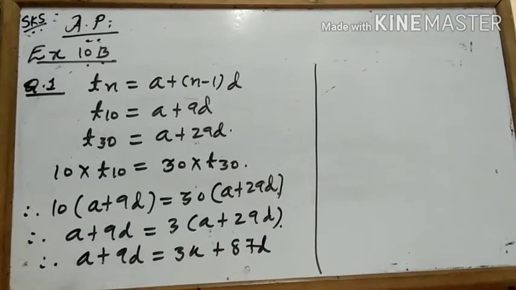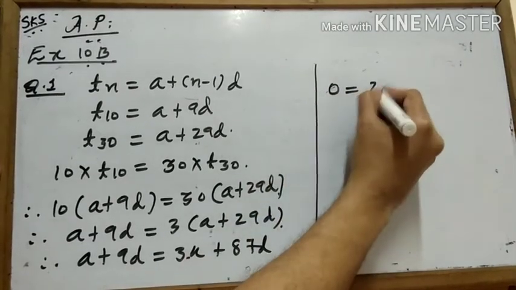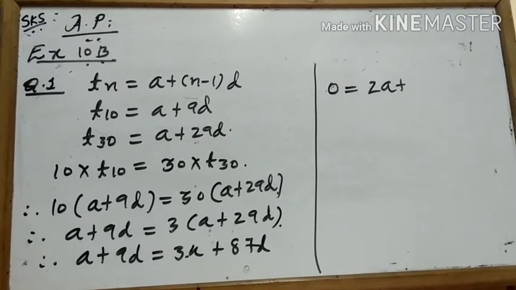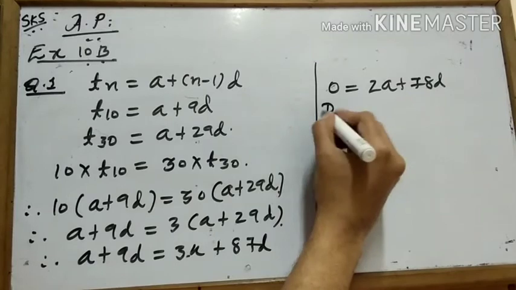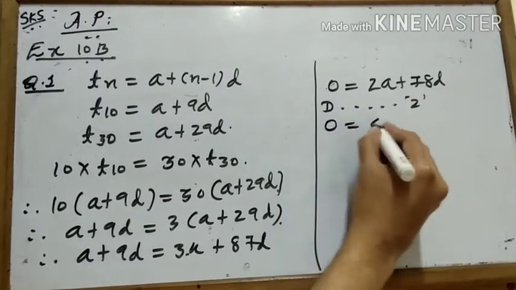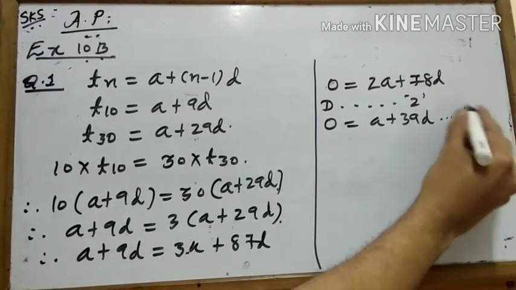Now if I take a on the other side, here it will be 0 is equal to 3a minus a is 2a, plus 87 minus 9 will be equal to 78d. I am dividing throughout by 2. What I get, 0 is equal to a plus 39d. This is one of the results we found out.